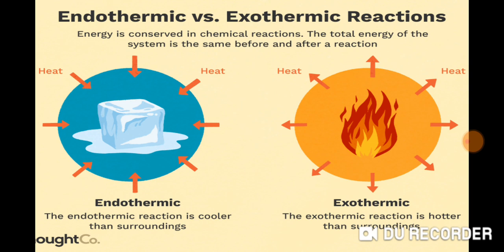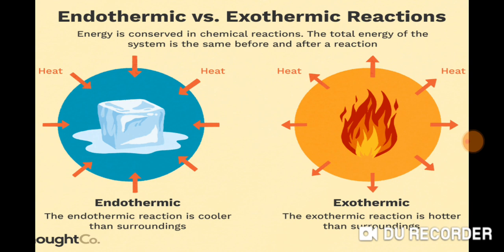It may be released, it may be conserved. So before a reaction and after a reaction, one of these activities will take place, whether the energy is released and a cooling effect takes place, or the energy is conserved and a heating effect takes place.